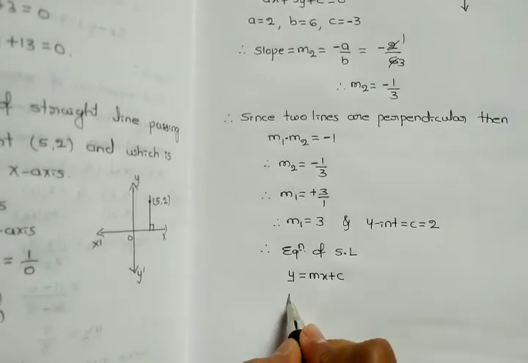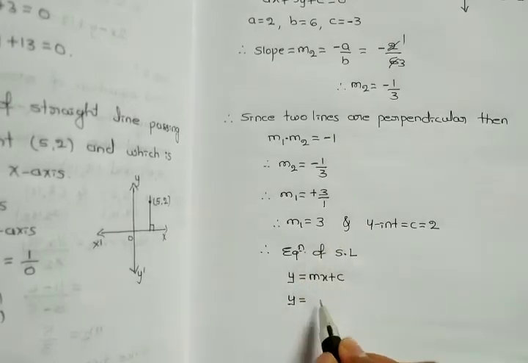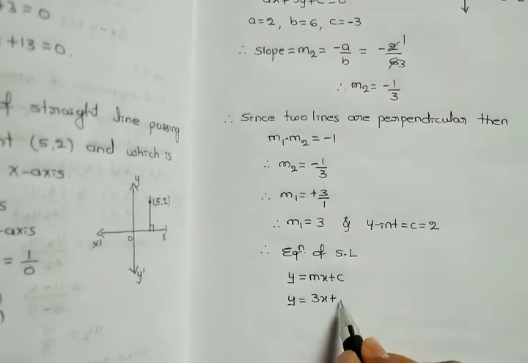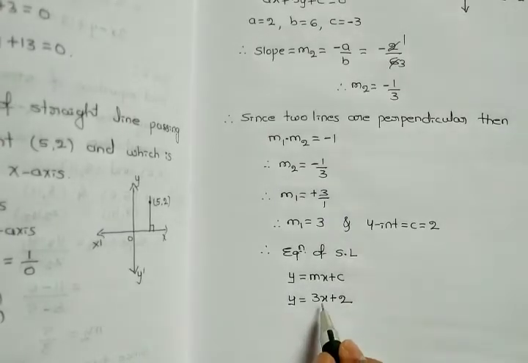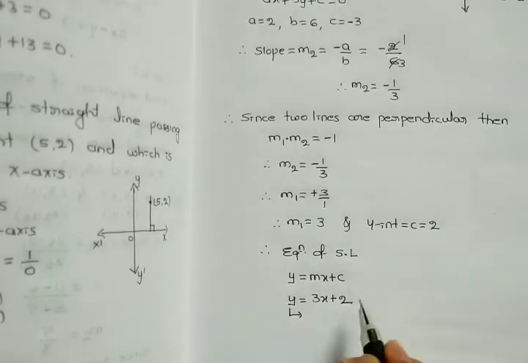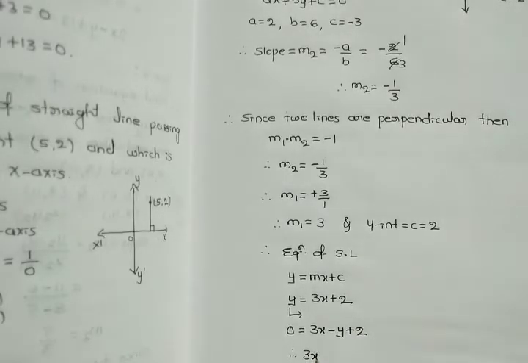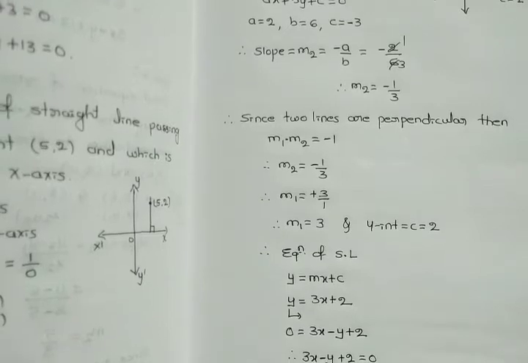Okay, so y is equal to the m value 3 into x plus the c value, which goes to how much here? 2. So x contains a positive sign, so the y value I am going to shift. So 0 is equal to 3x plus y becomes minus y, and plus 2 keep as it is. Therefore 3x minus y plus 2 is equal to 0. So this is the required equation of the straight line.